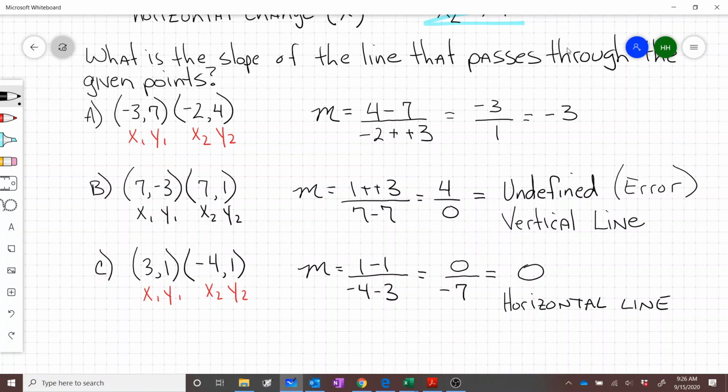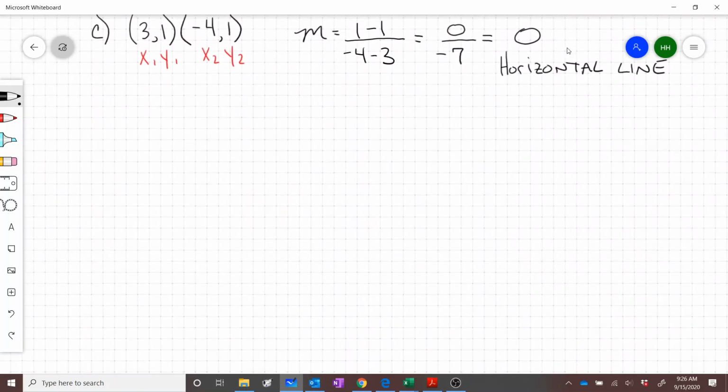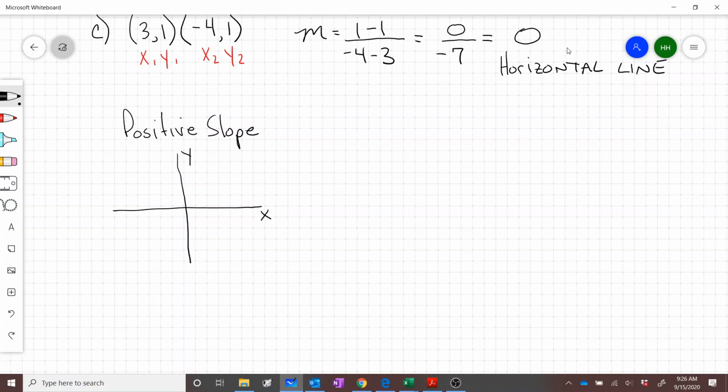Alright, so let's draw a couple little graphs here. We're going to talk first about positive slope. Lines that have a positive slope. X-axis, y-axis.